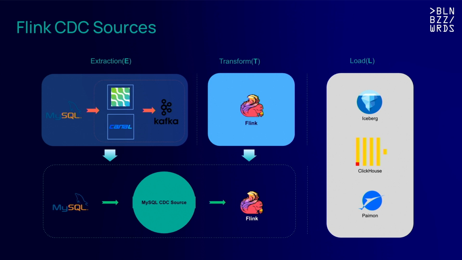But in the earlier versions of the FlinkCDC, source connectors had one drawback. Imagine you have a huge table, and if you want to use FlinkCDC, you need to first read the huge table before start reading the changelog.